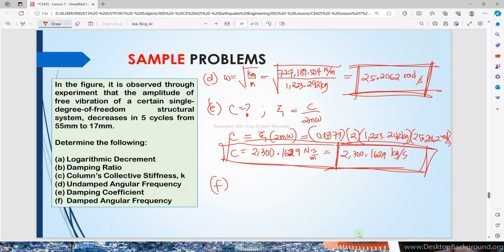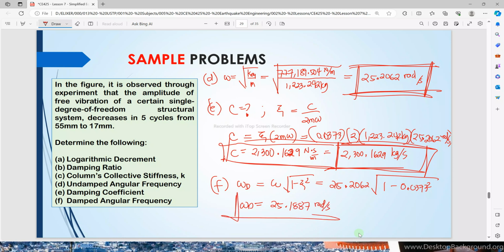And lastly, the damped angular frequency, omega d, is equal to omega times the square root of 1 minus psi squared. We have 25.2062 times the square root of 1 minus 0.0373 squared. Our damped angular frequency is just equal to 25.1887 radians per second.